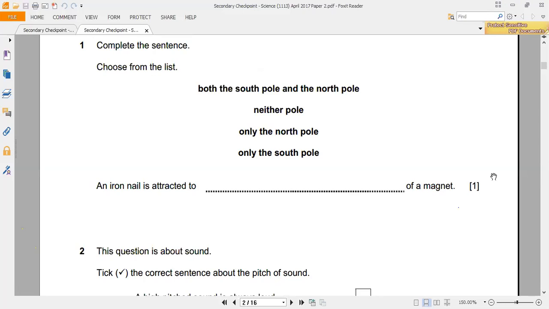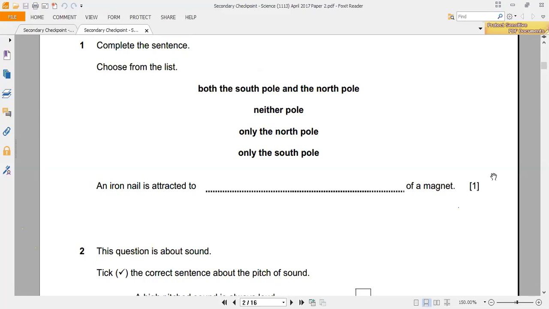Complete the sentence. Choose from the list. You have 4 words and you have to choose one of them. An iron nail is attracted to what of a magnet? Both, neither, only the north, or only the south pole.